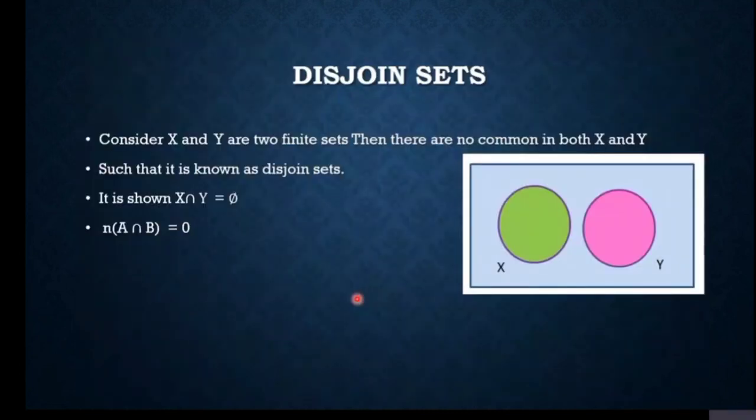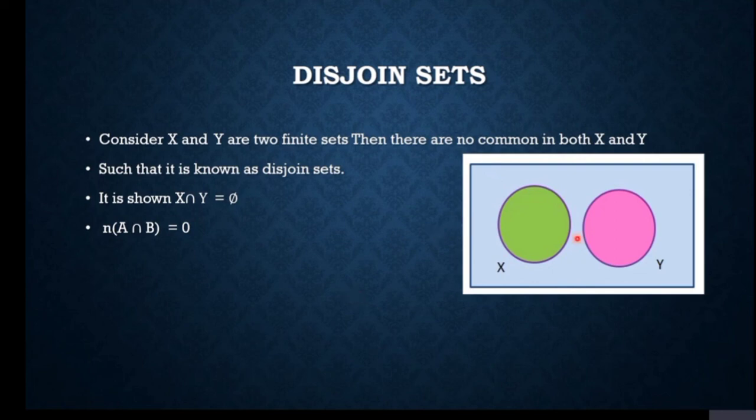Disjoint sets. Consider the sets X and Y, two finite sets. Then there is nothing common in both X and Y. The two sets have no common elements. So that type of sets are called disjoint sets.